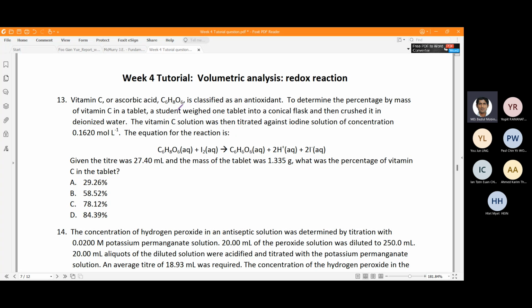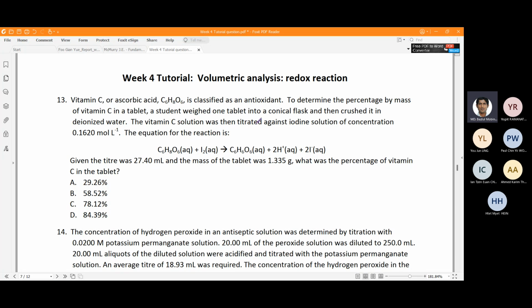So determine the percentage by mass of vitamin C in a tablet. A student weighed 1 tablet into a conical flask, then crushed it in deionized water, ground it to make a fine powder.